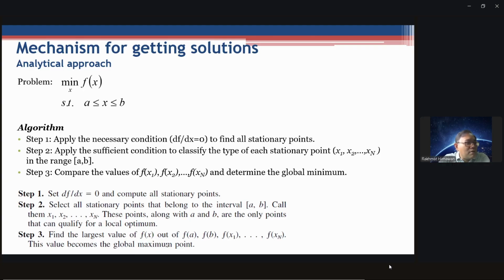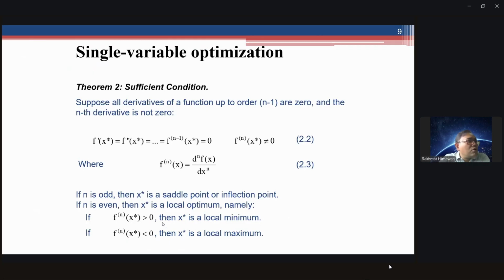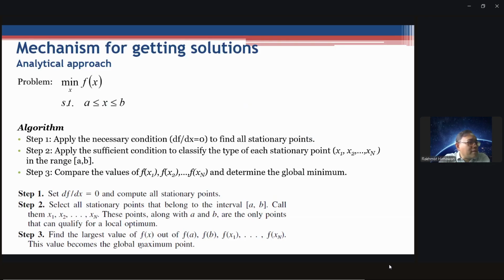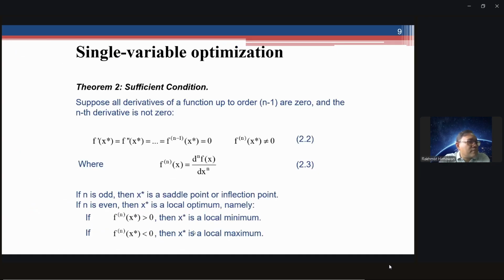Since this is a minimum problem, the one that has the largest value becomes the global maximum. Is it, or hang on? Oh, this is the other way around.